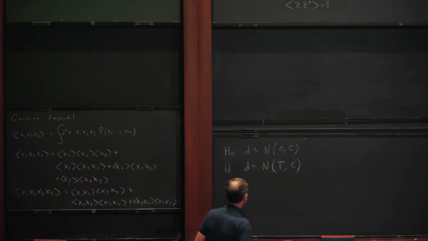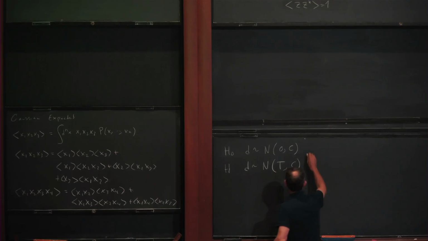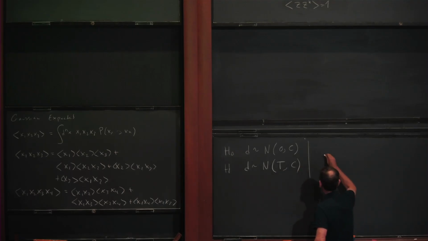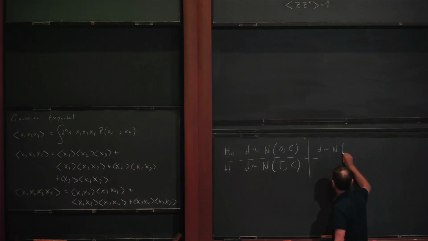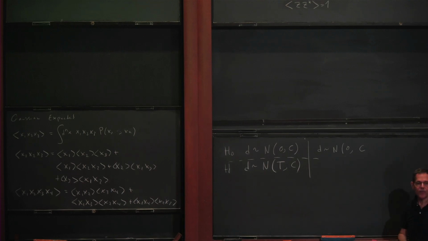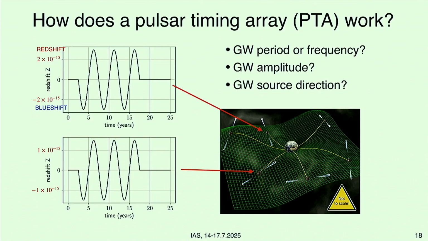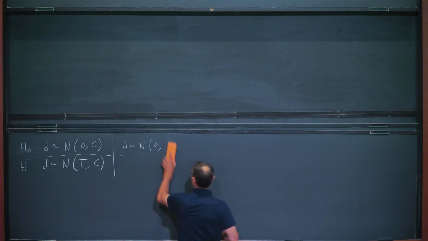For PTAs, actually kind of interesting, the null hypothesis, the equivalent of this one, is that the data is drawn from a normal distribution with zero mean and a covariance matrix C, which is roughly speaking diagonal. That is, the data from this pulsar and the data from that pulsar are not correlated with each other. So, maybe I'll write diagonal.